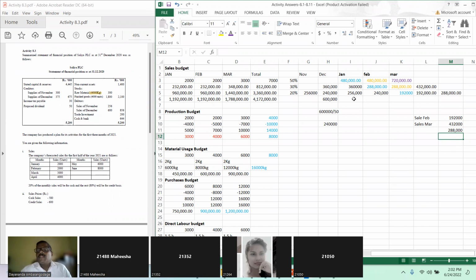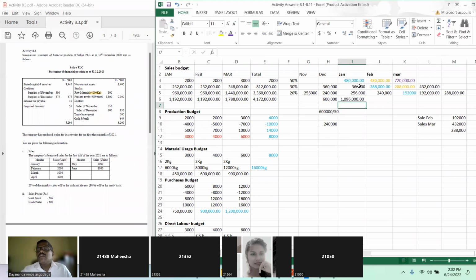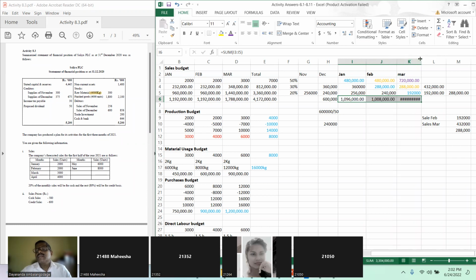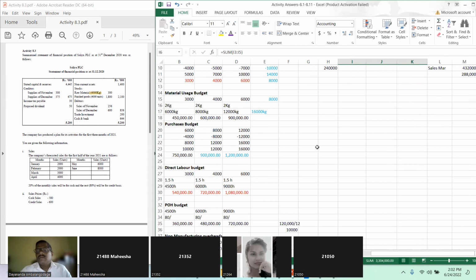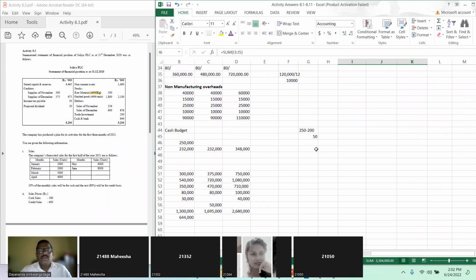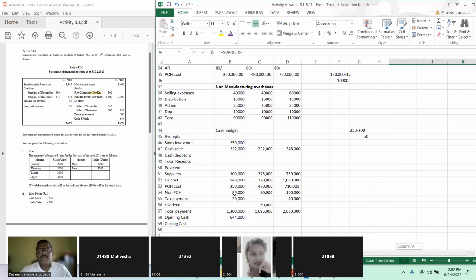Anyhow, what you have to do is, in your cash book, these are the totals. So you put this and this and this as per your debtors, collection from debtors. Okay. So what I will do is collection from debtors.